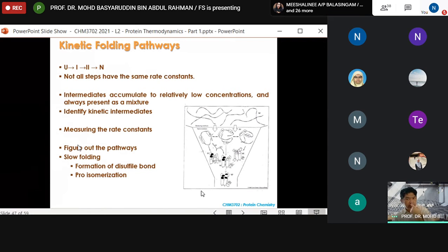What we can get from here is that not all steps have the same rate constant. Before, we talked about the thermodynamics, and now we're entering into the kinetics. What we can say is every step has a different rate constant because the rate of reaction is very different.